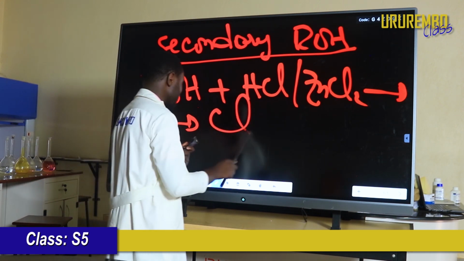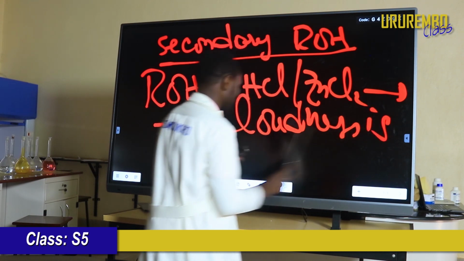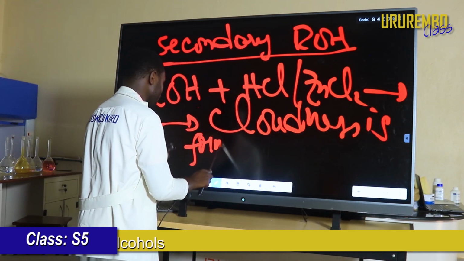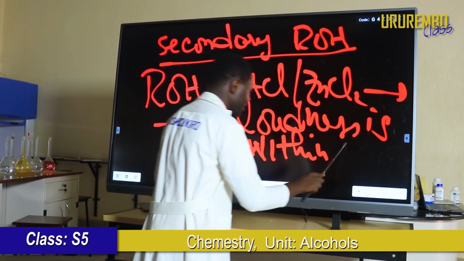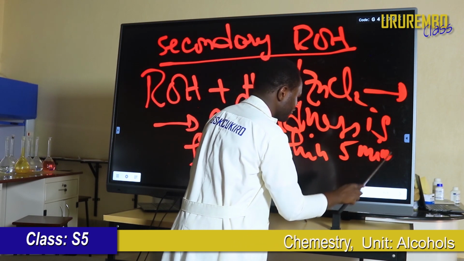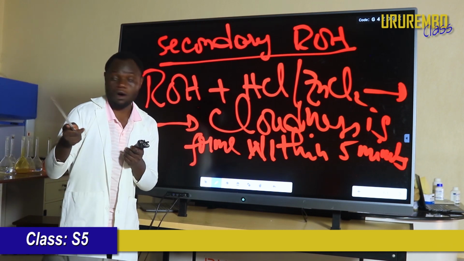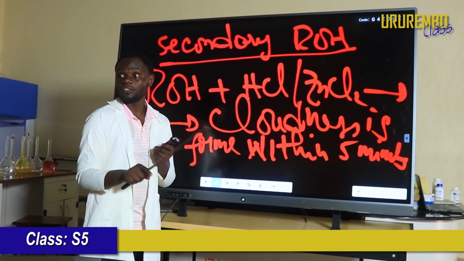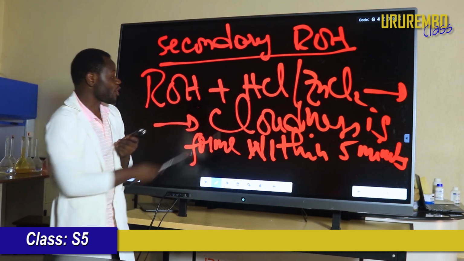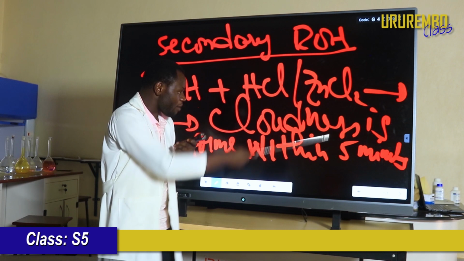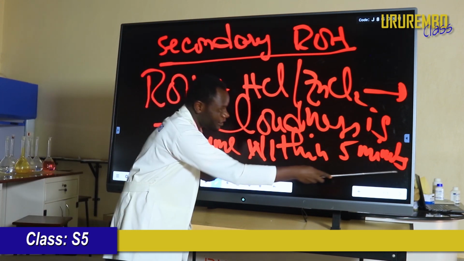A cloudiness is formed within 5 minutes. Remember, for primary alcohol, there is no observation, there is no reaction. But for secondary alcohol, the observation is obtained within 5 minutes.